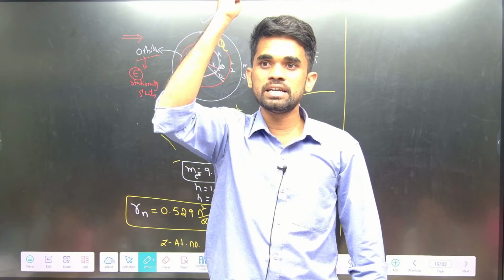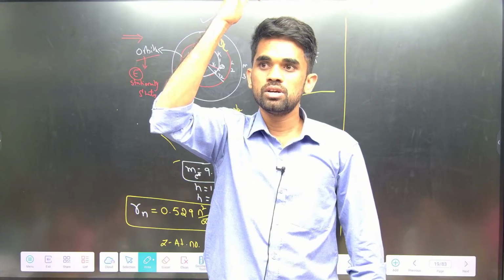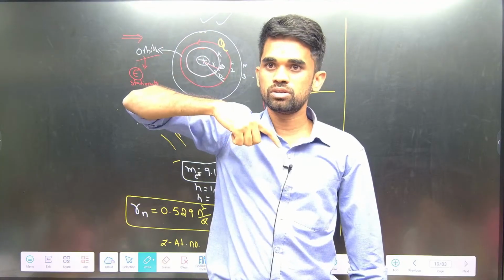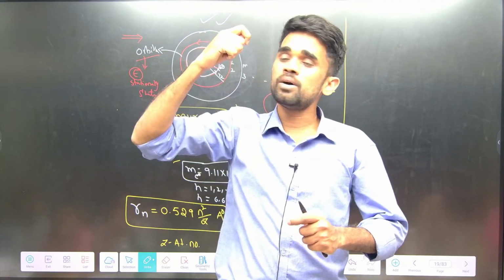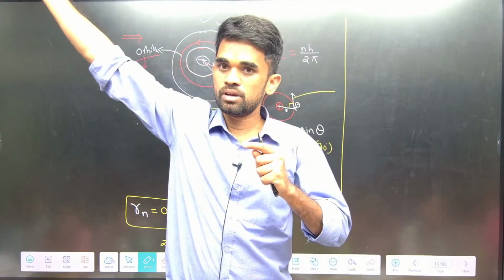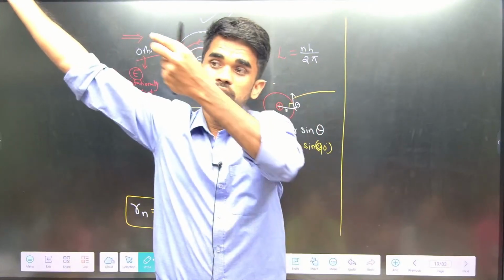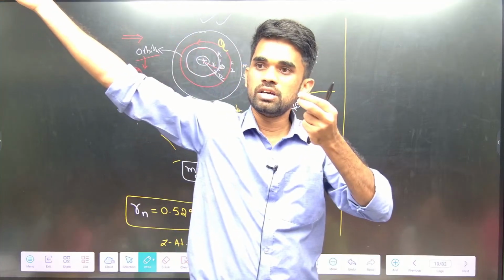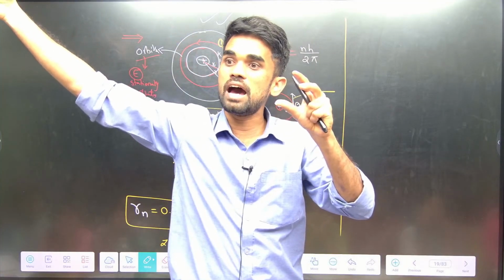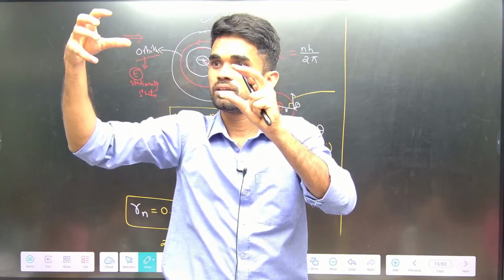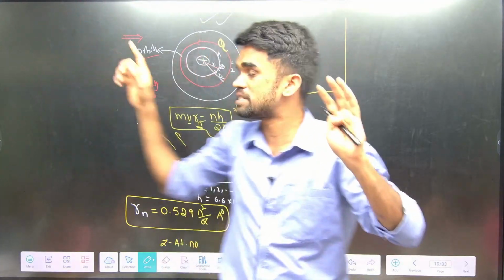Now if you release it from your hand, where will it go? Away from you or towards you? Away. So it goes away from you. The first one I told you, that the nucleus will attract the electron. If these two forces are equal, what happens? The electron won't go anywhere, it will stay in that path only.